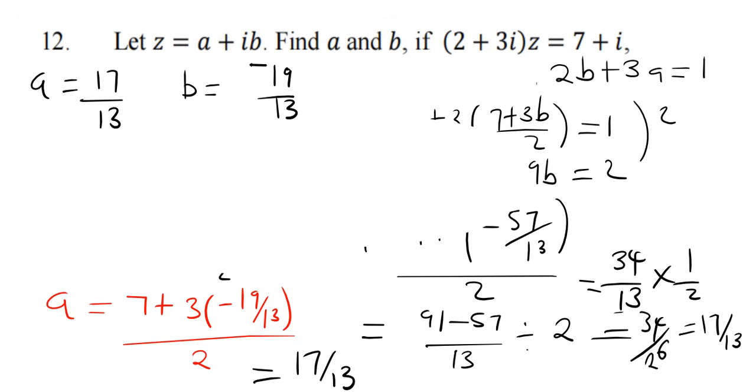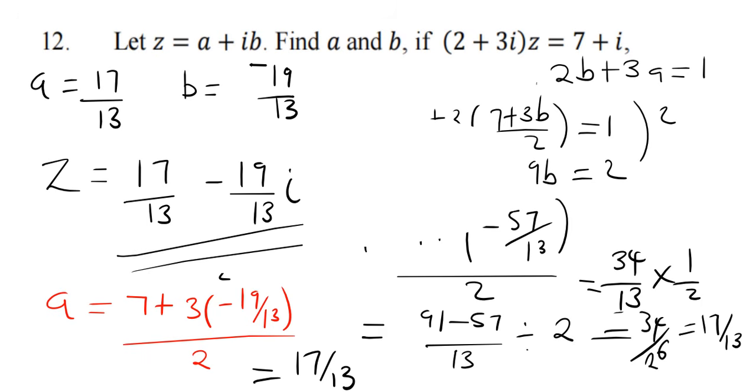Therefore z in this case is just going to be a, which is its real part, 17 over 13, and then minus 19 over 13, which is the imaginary part of it. So basically this is how we solve questions in this tutorial sheet.